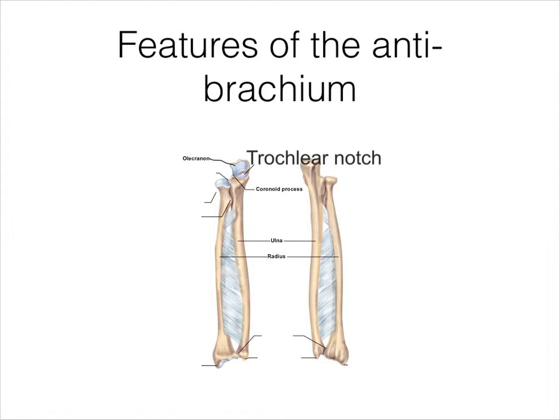Now, tuberosities are usually going to be named for, remember, notches are named for the thing that fits into them. Tuberosities are usually named for the thing that they are on, and this is on the radius. So this is the radial tuberosity.